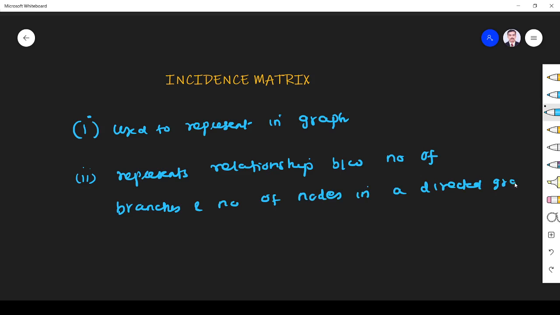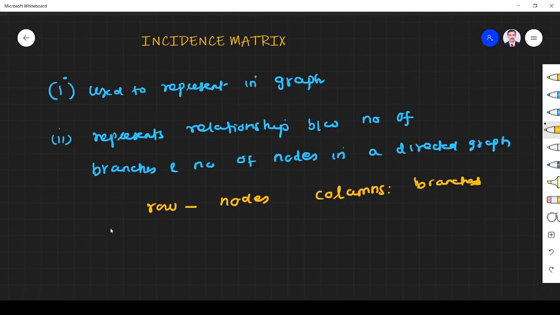So it gives the relationship between the number of branches and nodes or vertices of the directed graph. Branches are represented in columns and rows are represented in nodes.